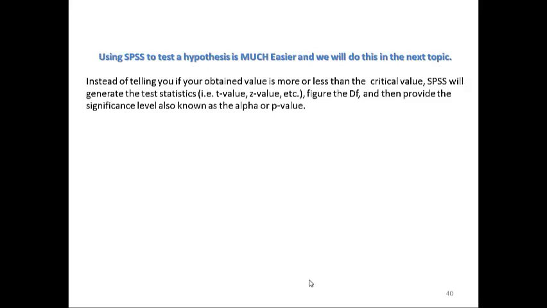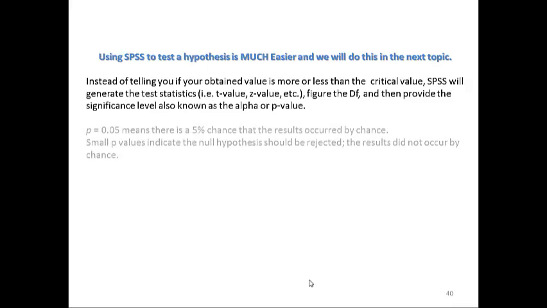Why don't we use SPSS to test a hypothesis? It's much easier, and we're going to do this in the next topic that we cover. Instead of telling you if your obtained value is more or less than a critical value, SPSS will generate that t-value, or whatever statistic you choose. It will automatically figure the degrees of freedom, and it will provide the significance level known as the alpha or p-value.